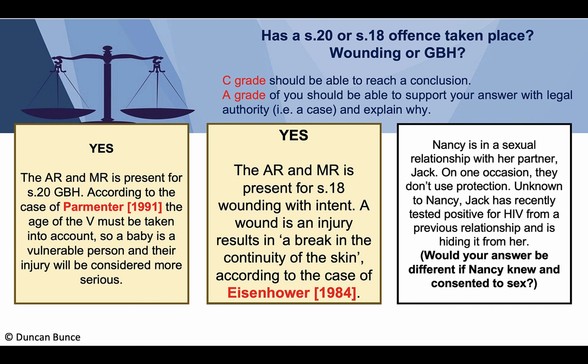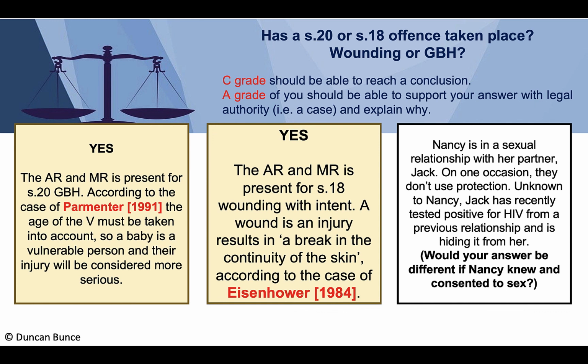Now, this is an important point. In the AQA exam problem scenario, if you're presented with something like this, where it could be section 20 or section 18, then a really good answer, and for those expecting and wanting a high grade, a really good answer will always discuss both possibilities.